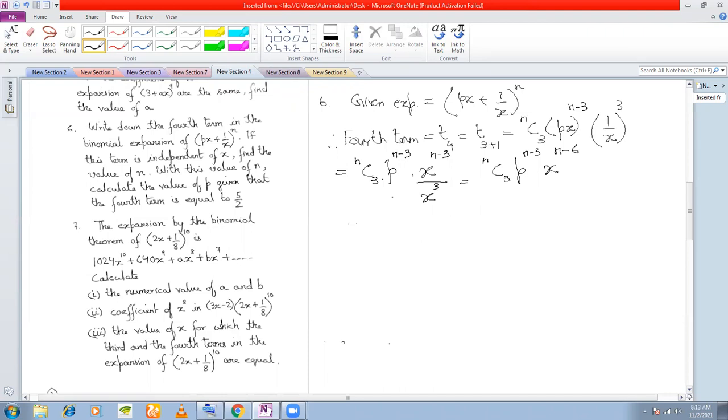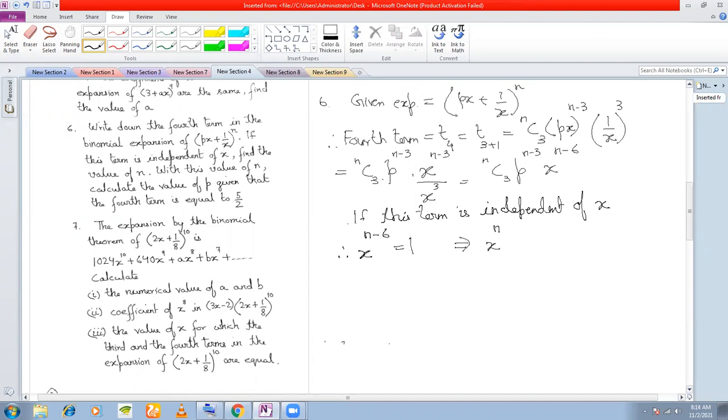Let's read the next part of the question. If this term is independent of x, find the value of n. If this term is independent of x, then x to the power of n minus 6 must be equal to 1.